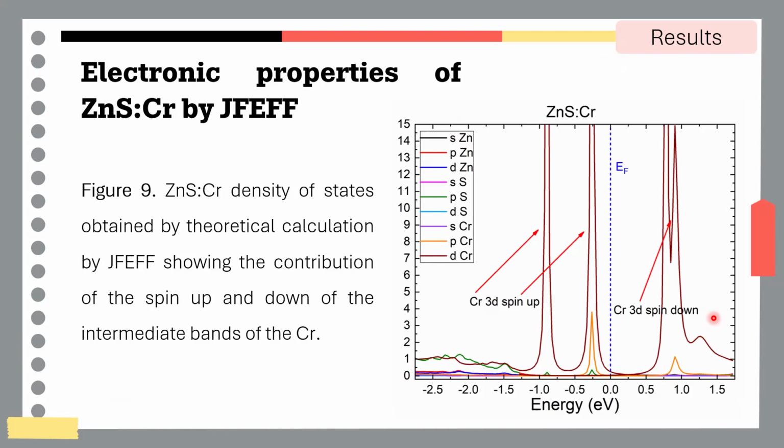In addition, the intensity of these contributions is considerably higher than that corresponding to the zinc and sulfur states, which suggests that these electron levels are mainly associated with the 3D orbitals of the chromium, and have a highly localized character.